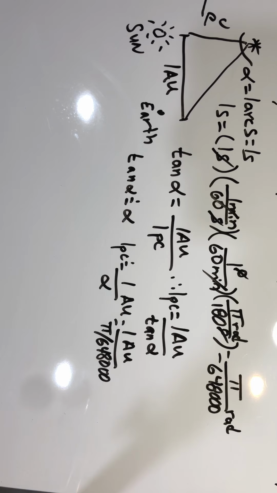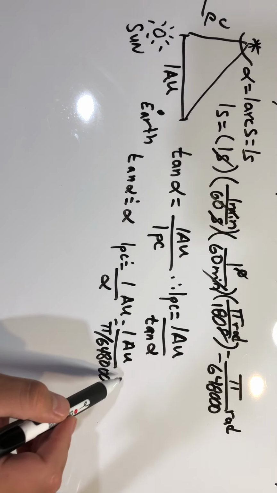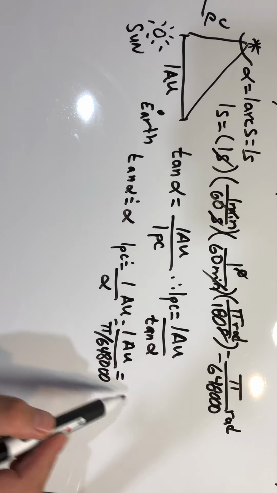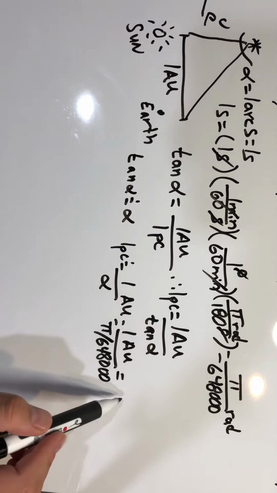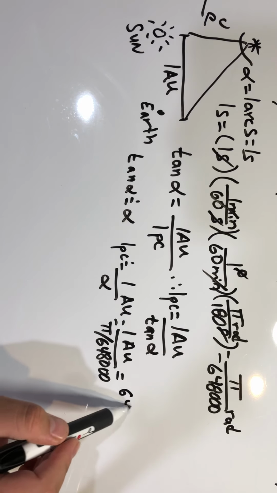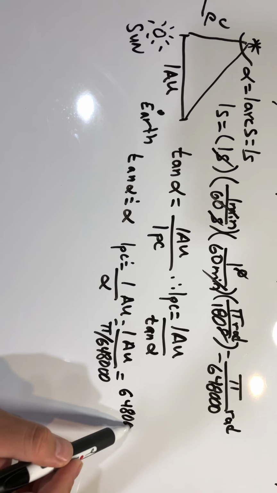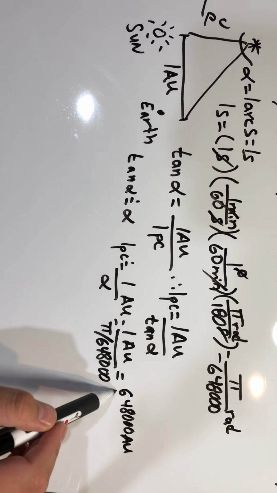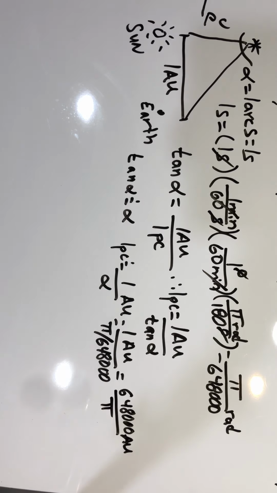Okay, well, you can reduce this further and write down the reciprocal of that fraction, which is going to flip the numbers. You're going to end up with 648,000 astronomical units divided by pi. Now, when I say flip the numbers, I mean the numbers in the denominator.